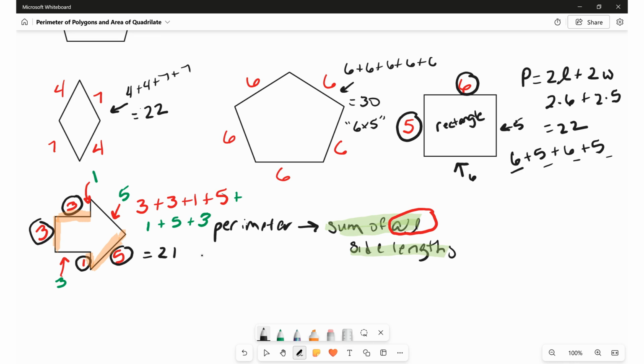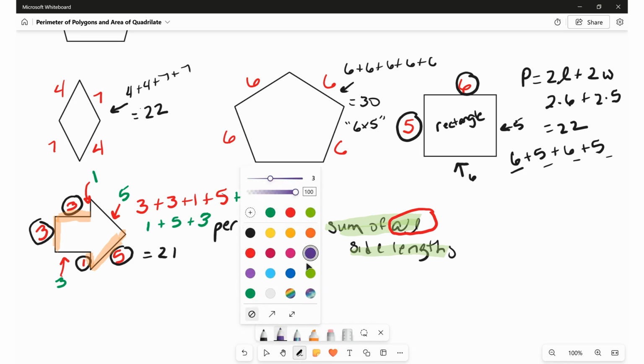Now, something else that is really, really important. We're going to give it its own special color here. I want to make sure that you guys can see it.